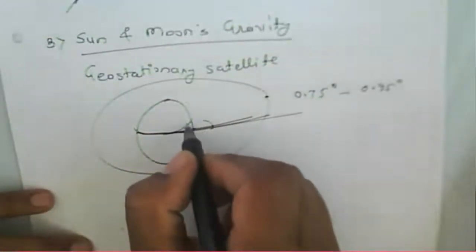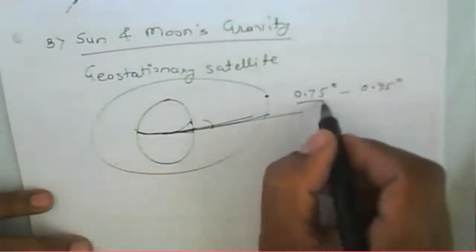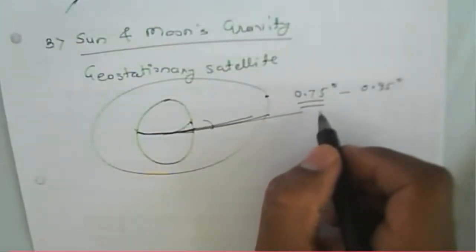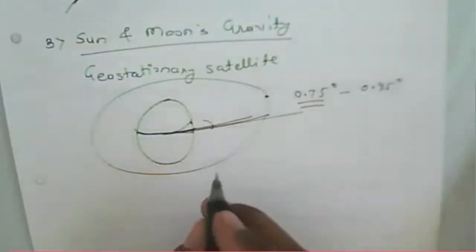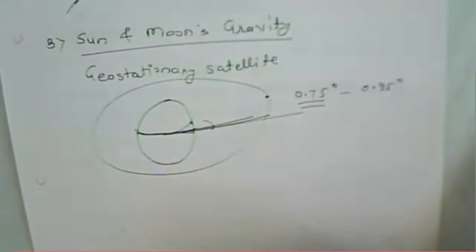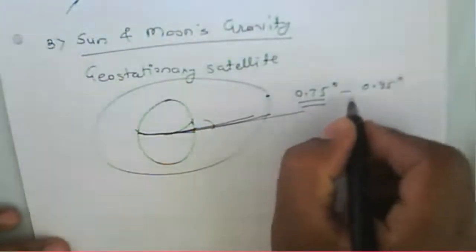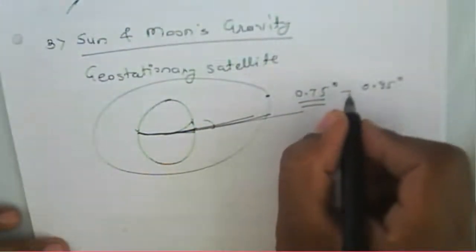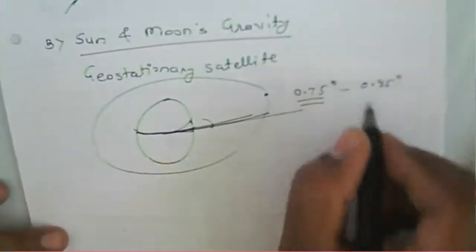This means a very small variation, because a geostationary satellite is generally supposed to be present on the equatorial plane itself. If a small change occurs, about 0.75 degree to 0.95 degree, that is the annual change in the inclination of the satellite's position.